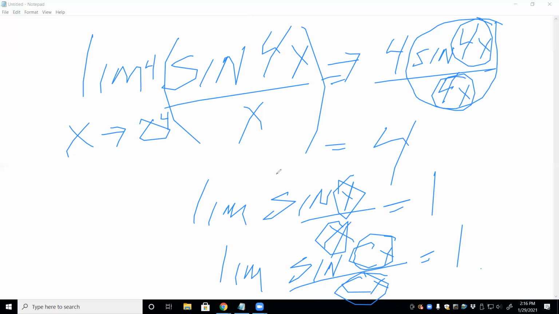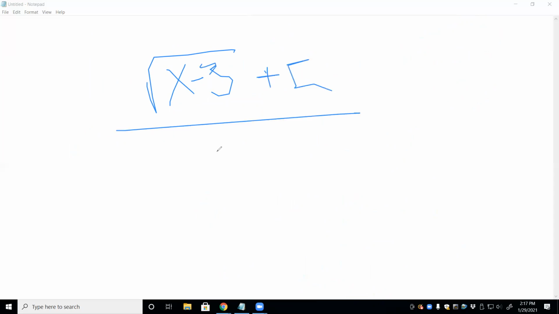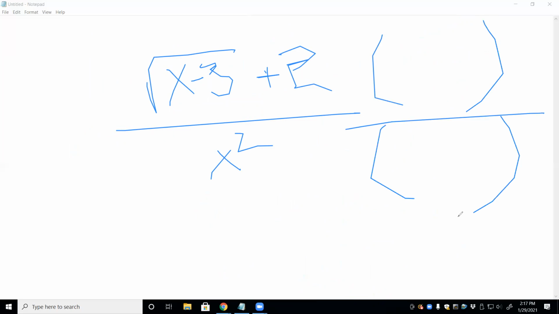Sorry. Okay, here, let me just give you a couple of examples. If I have square root of x minus 3 plus 2 all over x squared, what am I going to multiply that by, if I'm going to solve this by doing the conjugate? Right.